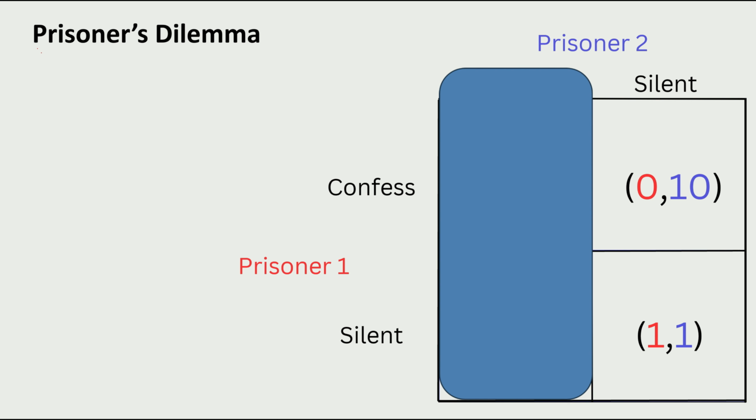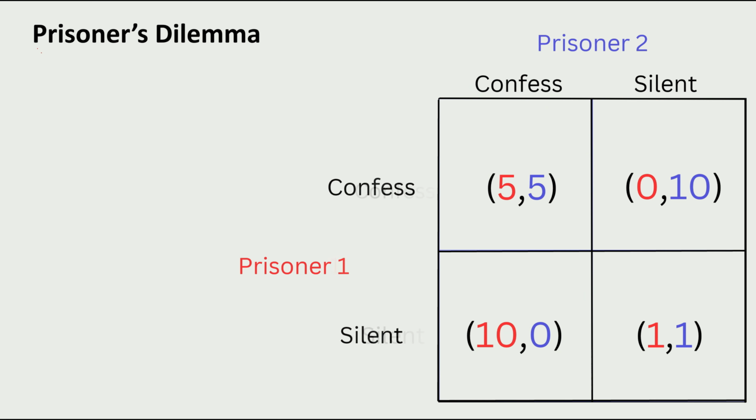So to confess will be a dominant strategy for prisoner 1. So whether prisoner 2 remains silent or confesses, prisoner 1 will always confess, and that's prisoner 1's dominant strategy.